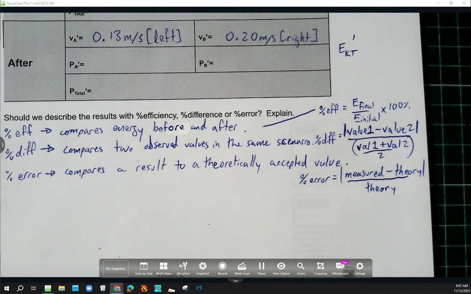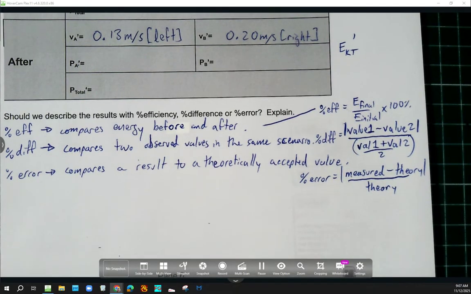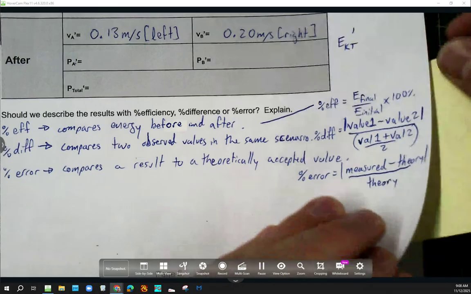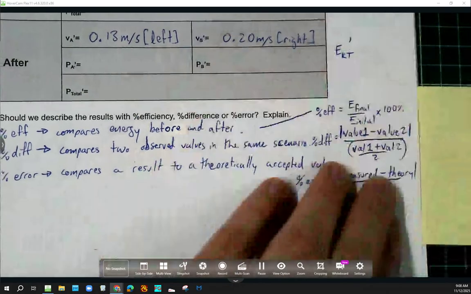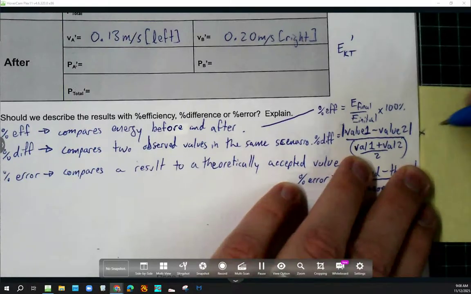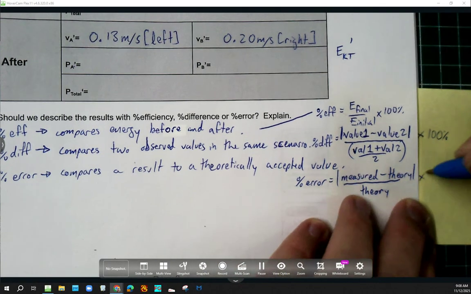Oh, and you know what I forgot to say? Just so that I'm not squeezing it into the margin, I forgot to multiply by 100% for both of those. Sorry.